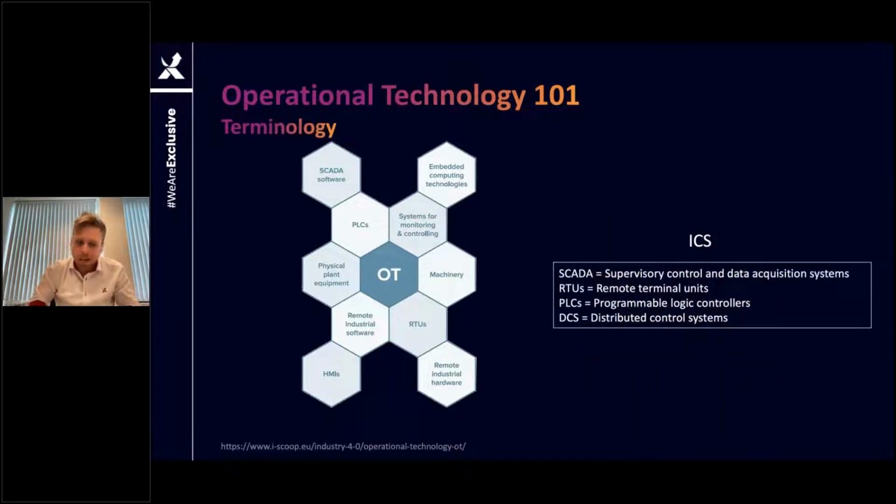Because basically, if we're talking about OT environments, then we're talking about environments that contain industrial control systems, ICS. And examples of such an ICS are SCADA, RTUs, PLCs. So these are examples of these industrial control systems.